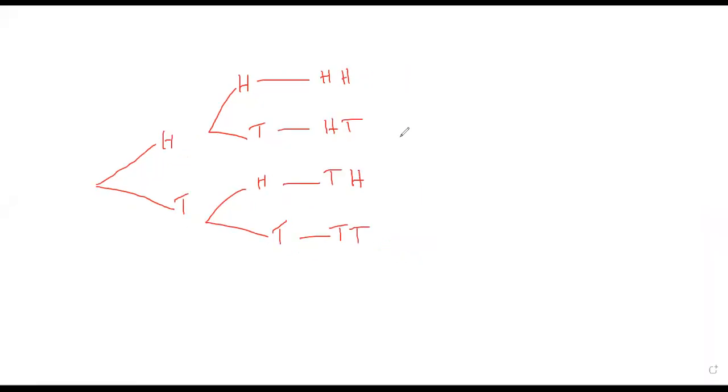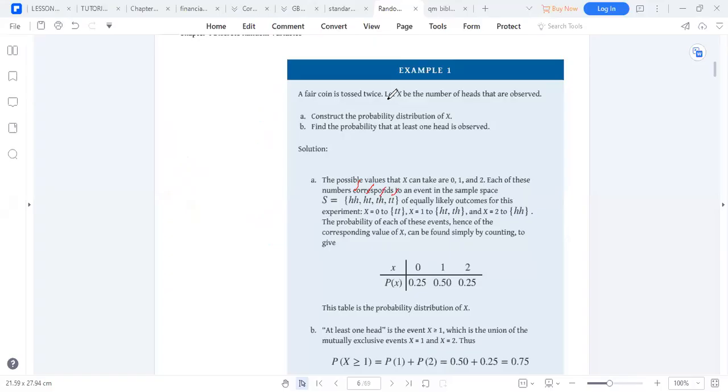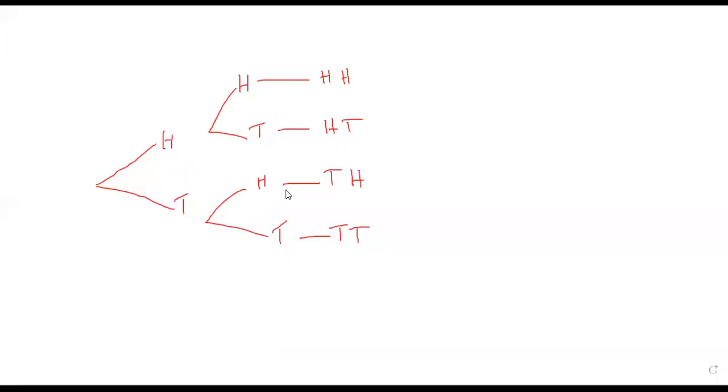Now, the question wants us to find out, suppose X is the number of heads. Construct a probability distribution, so we're only concentrating on heads. Let X be the number of heads. So how many heads do we have here? The total number of outcomes here is 4.